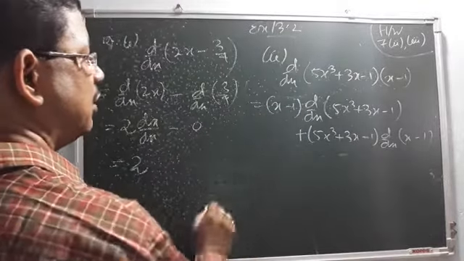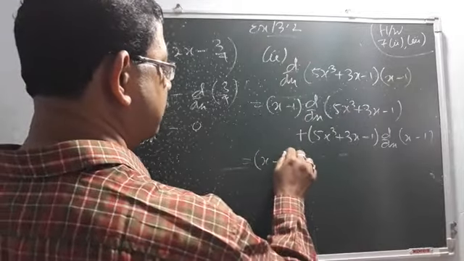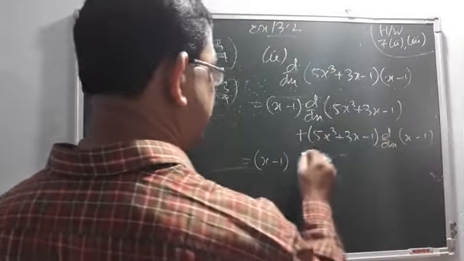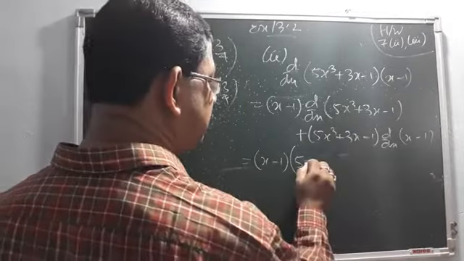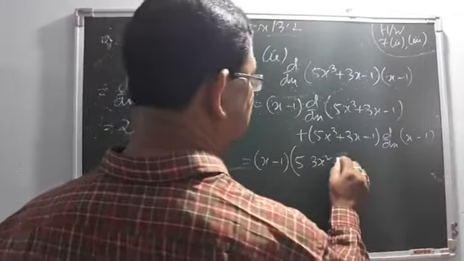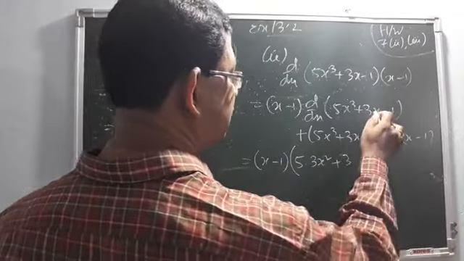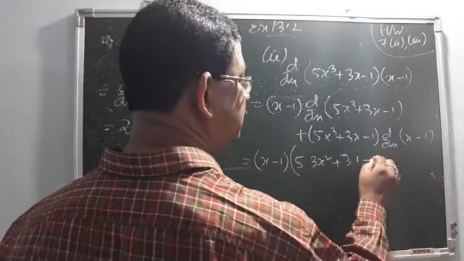Now see how to do. If we take d/dx of this term, then it will be x minus 1 times: 5x cubed, 5 is constant, it will come out, x cubed differentiated is 3x squared. Then 3 you keep outside, differentiation of x is 1, minus differentiation of 1 is 0.